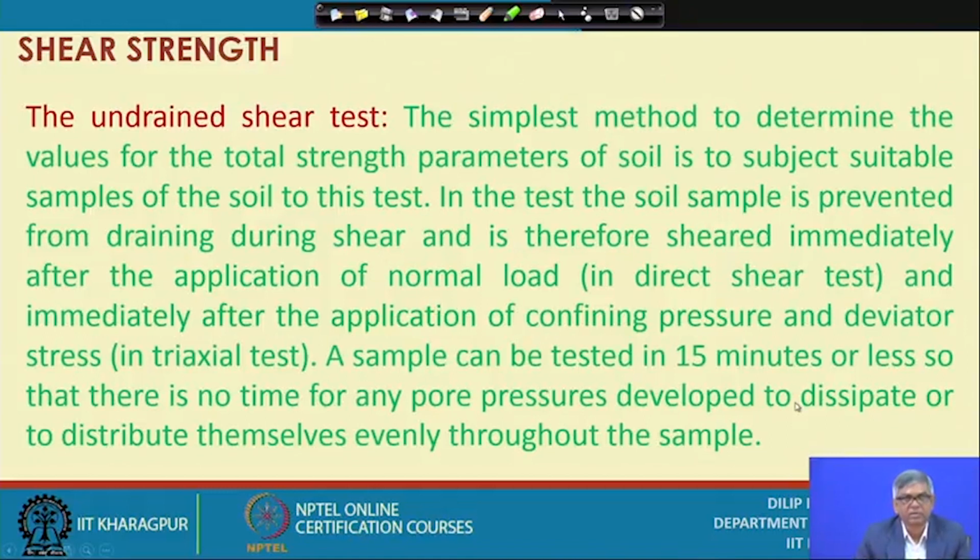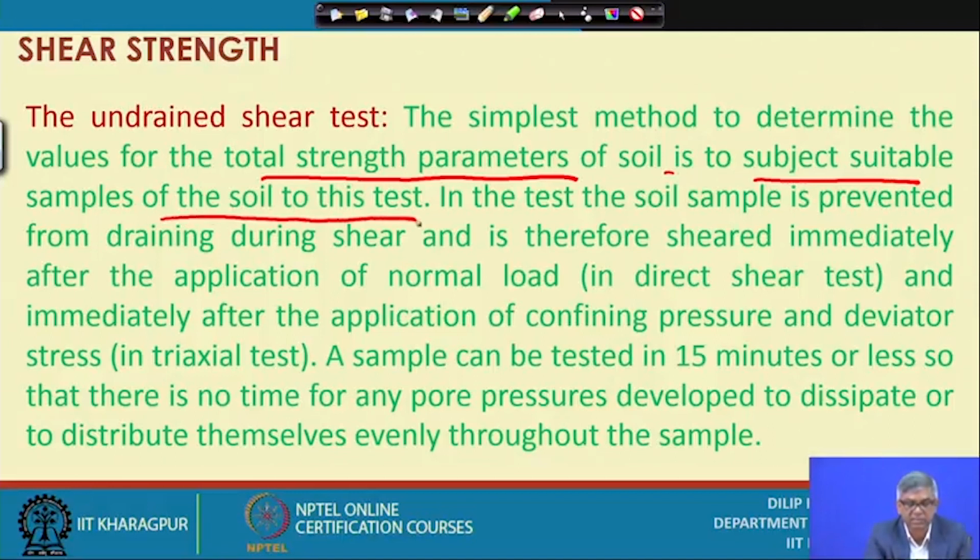And you can see, first of all, the undrained shear test, as I have already mentioned. The simplest method to determine the values for the total strength parameters of soil is to subject suitable samples of the soil to this test. Under this test we can get the total stress parameters, because we are neither consolidating nor dissipating the pore pressure.